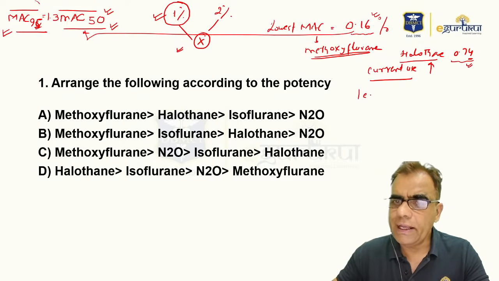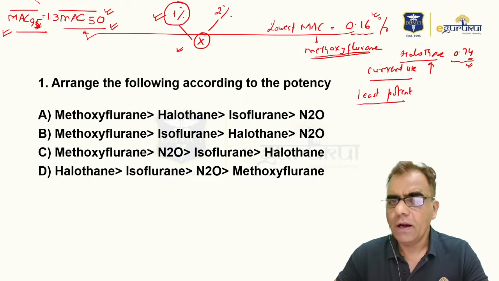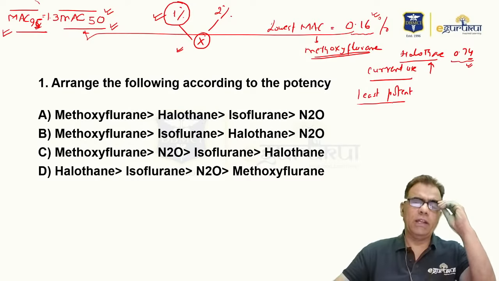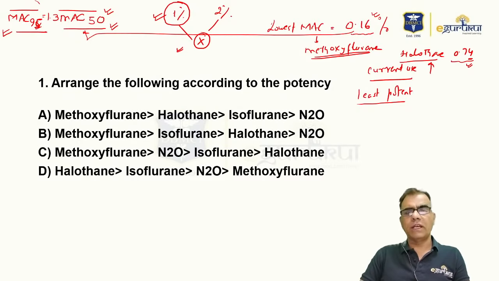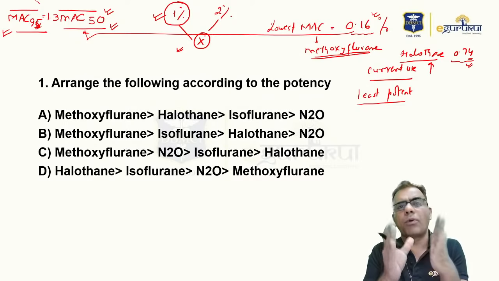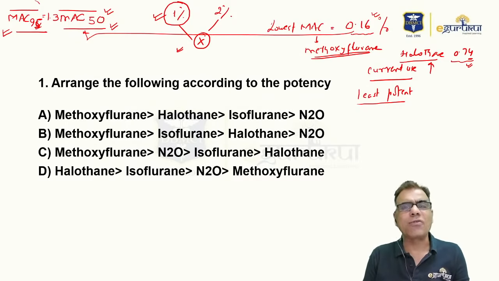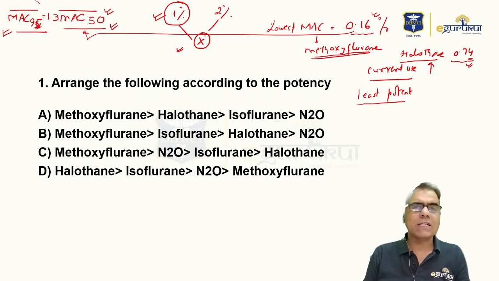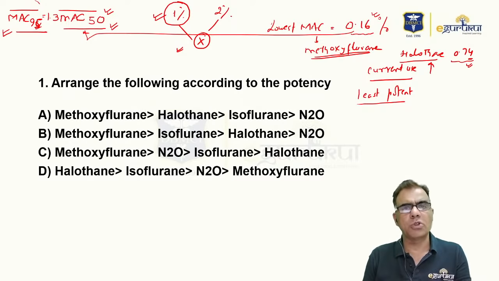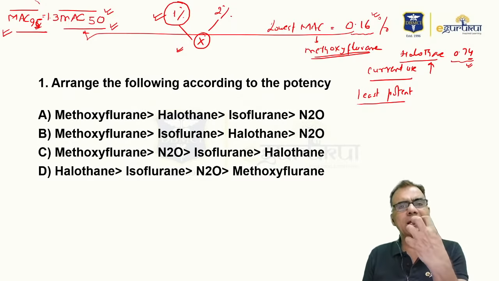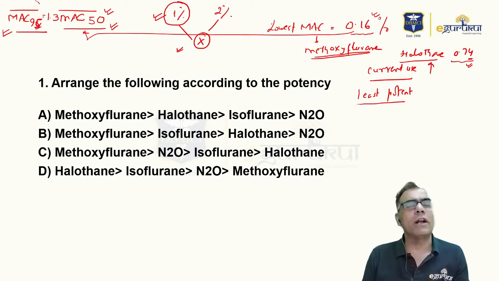Now, the least potent. There is a little confusion when you define inhalation agents. Inhalation agents are broadly classified as gaseous agents and volatile agents. Gaseous agents are nitrous oxide and xenon. Others, like halothane, isoflurane, desflurane, sevoflurane, and older agents like methoxyflurane and ether, are inhalation agents subclassified as volatile agents.